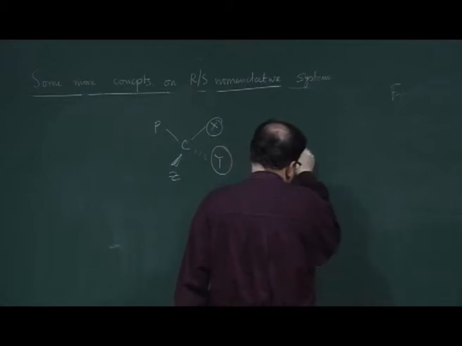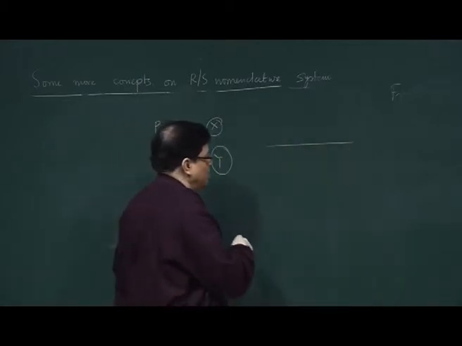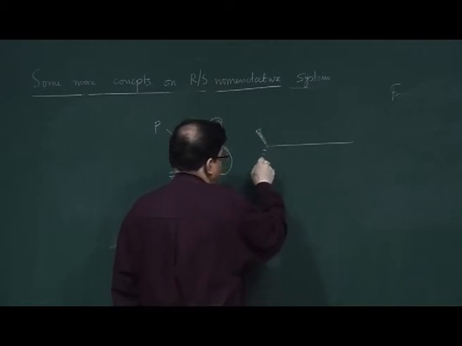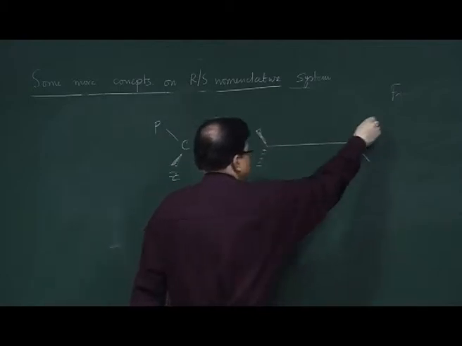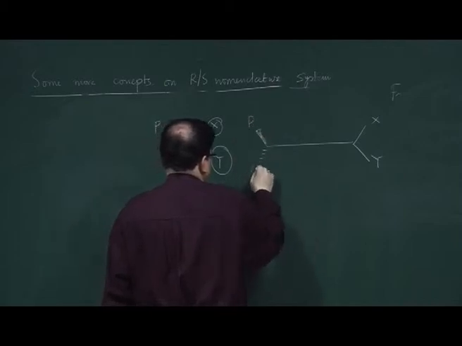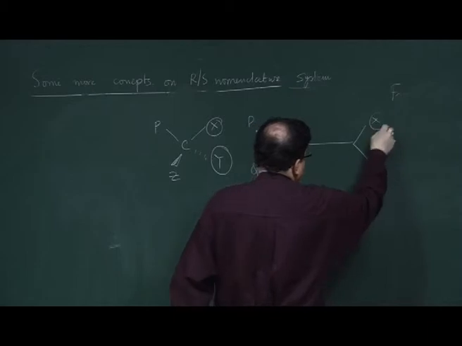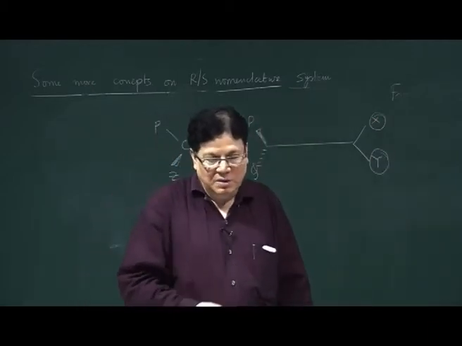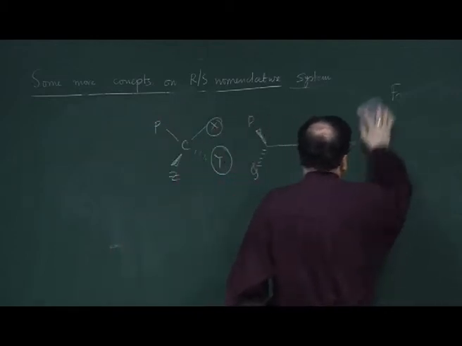In case of an allene, you have an axis going through all the 3 carbons, and now groups are arranged in this fashion. Here, if you interchange the position, very similar, but it is the axis now. If you interchange the position of X and Y, you get the other isomer. So, these are called axially chiral molecules.